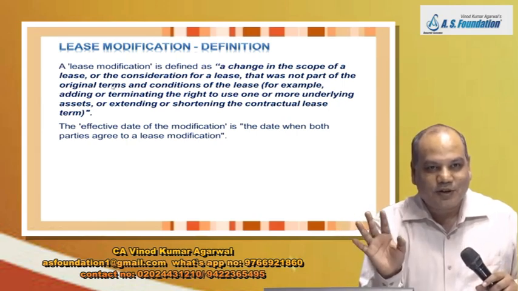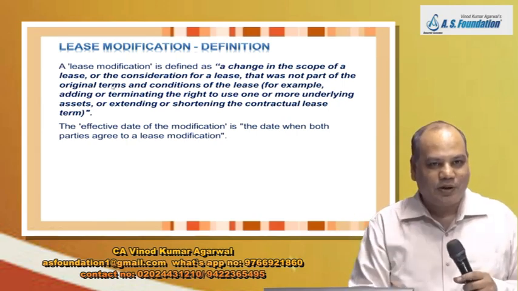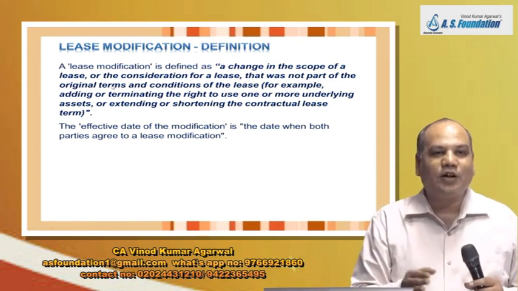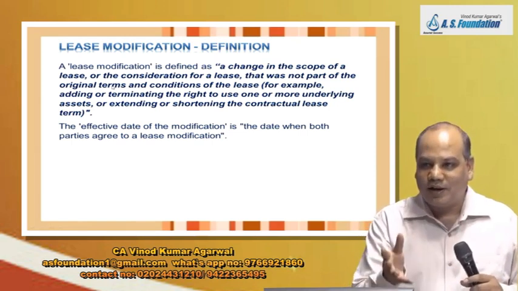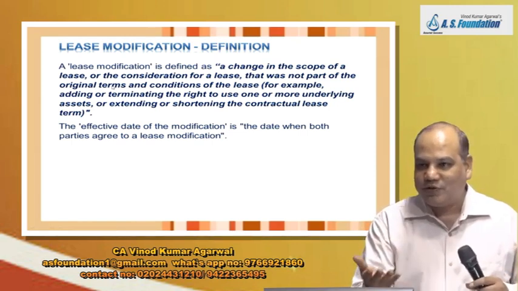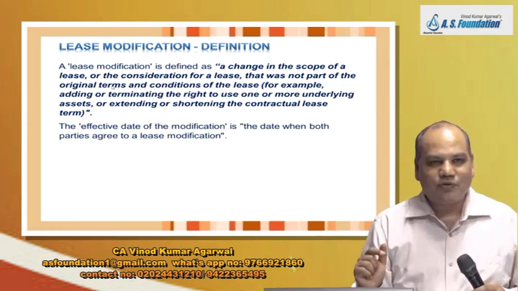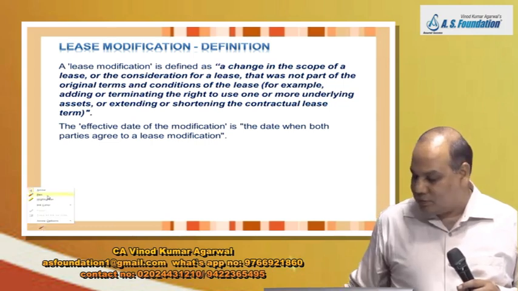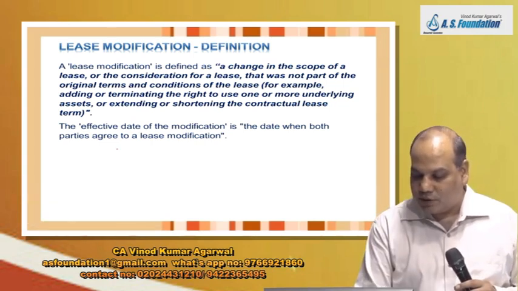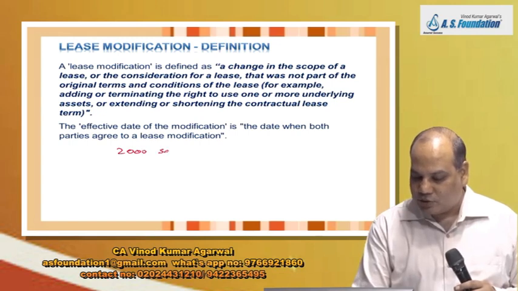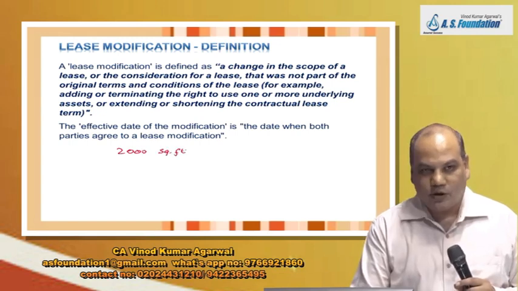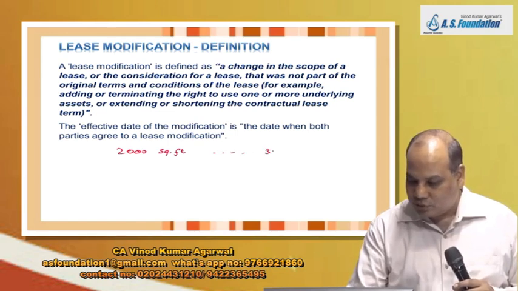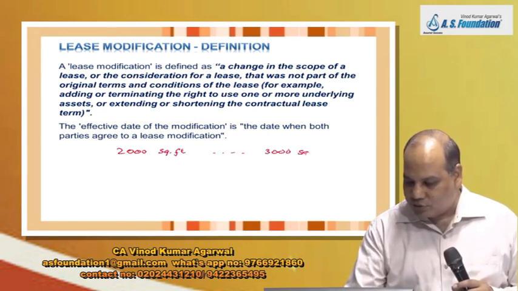So I was not changing the scope of the lease. I was only using my option. Before that, the rental was based on index. So the index changed. Scope of the lease has not changed. A change in the scope of the lease would be, suppose there is a property whose area is 2,000 square feet. You increase it to 3,000 square feet.